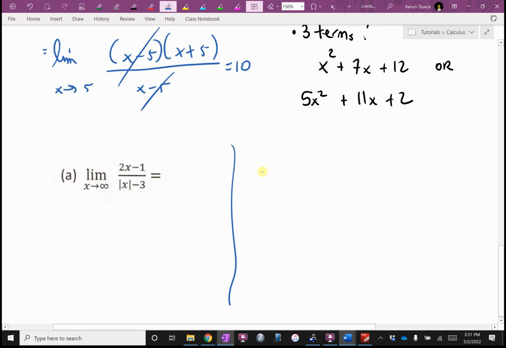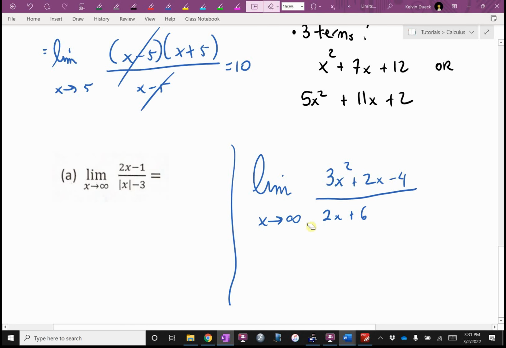In other words, if I have the limit as x approaches positive infinity of 3x squared plus 2x minus 4 all over 2x plus 6, as x gets bigger and bigger, this 2x minus 4 is not going to make any difference. It's going to be minuscule. What's going to dominate is the larger degree term 3x squared. And in the denominator, what's going to dominate is the 2x.